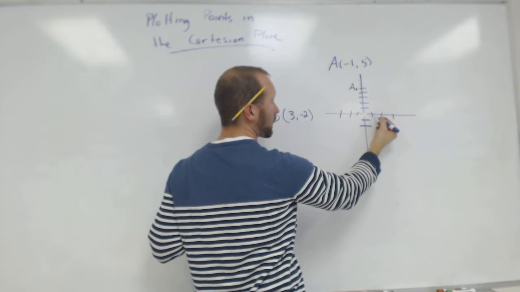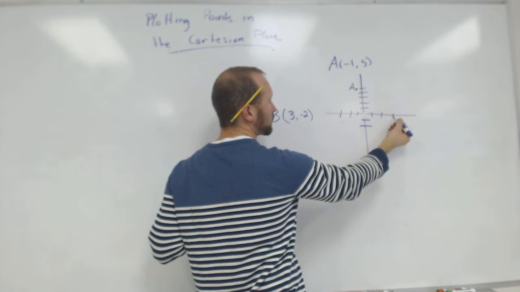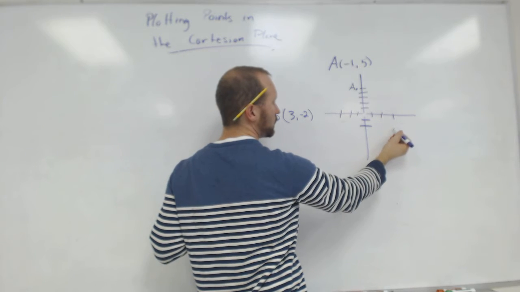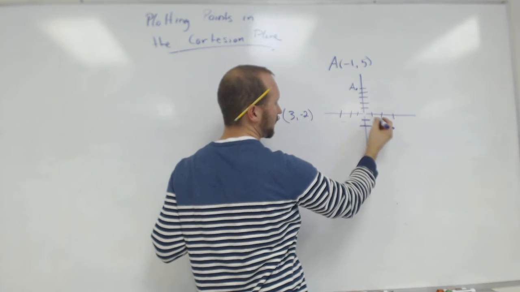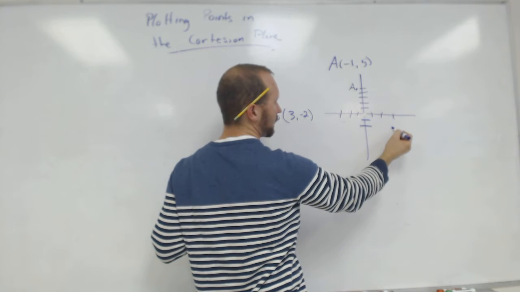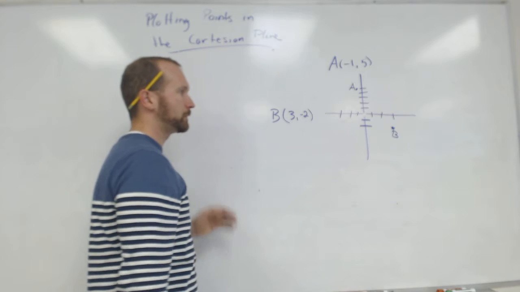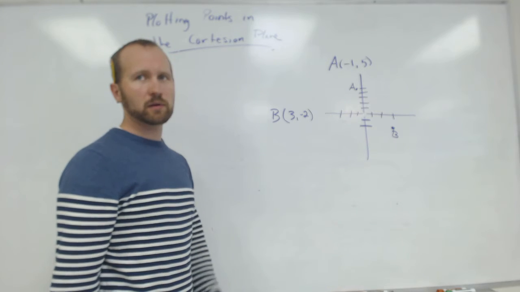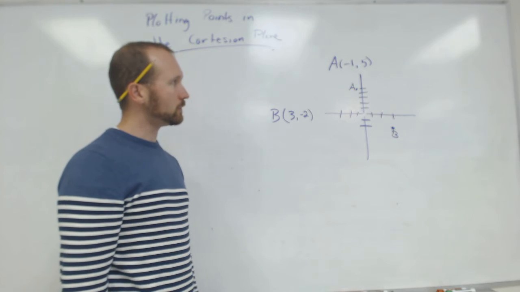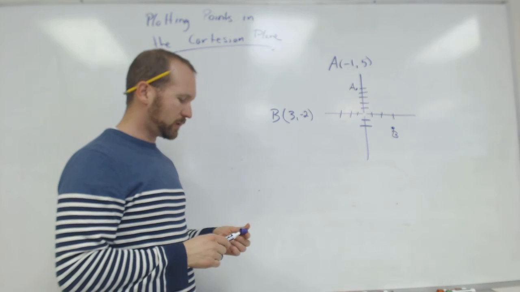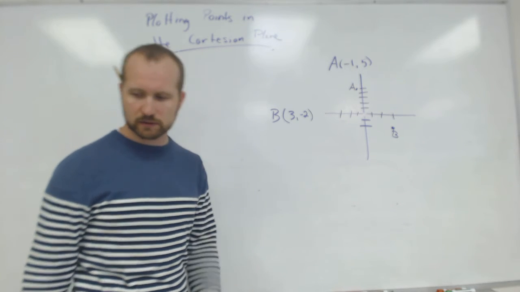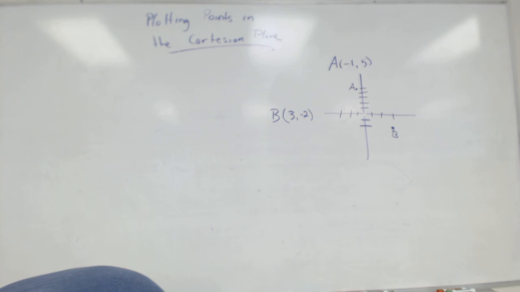In quadrant 4, good. So I go over 1, 2, 3, down 1, 2, and I have a point right there at 3, -2. And I could label that as B. Now sometimes they're not going to want you to label it, you don't have to worry about that, but we're going to be plotting points, not plotting world domination.